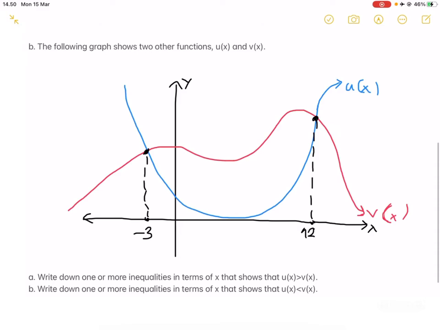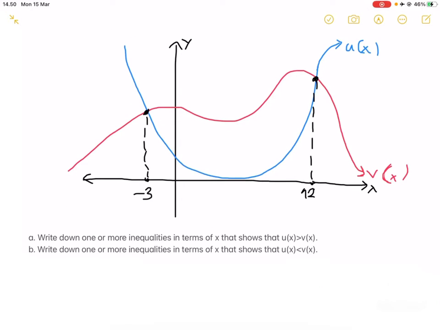So anyways, part B, the following graph shows two other functions, u of x and v of x. So as you can see, they intersect each other at -3 and 12. And for part 1, we need to write down one or more inequalities in terms of x that shows that u of x is greater than v of x.